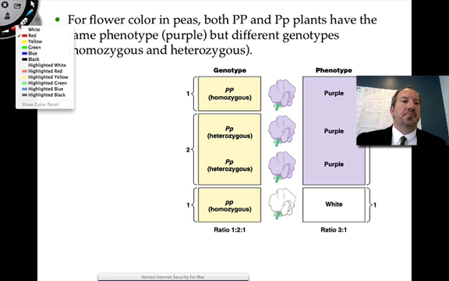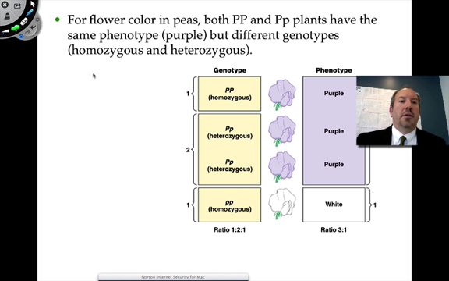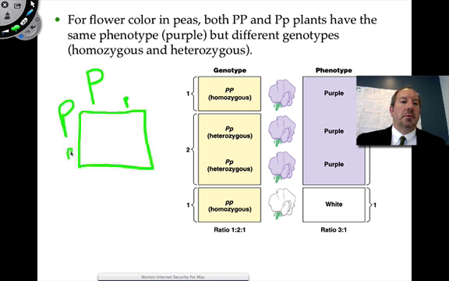Like for example, let me go green there. If I do right here a hybrid purple crossing with a hybrid purple, what I get is homozygous purple, I get heterozygous purple, I get a heterozygous purple, and a homozygous white.